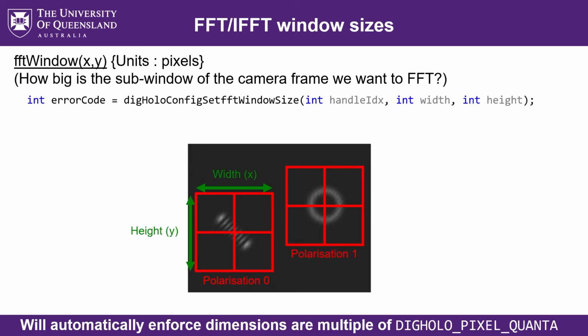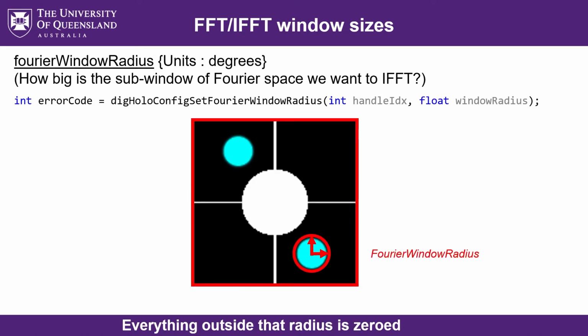FFT window size is defined in pixels, width versus height on the camera plane, and that window will be centered at the beam center position I specified earlier in meters. The window for the inverse Fourier transform that selects the off-axis term and also the dimensions of the reconstructed field isn't specified in terms of its pixel dimensions. It's specified in terms of an angle. So that is, you select a window of a certain radius in Fourier space specified in degrees by default.